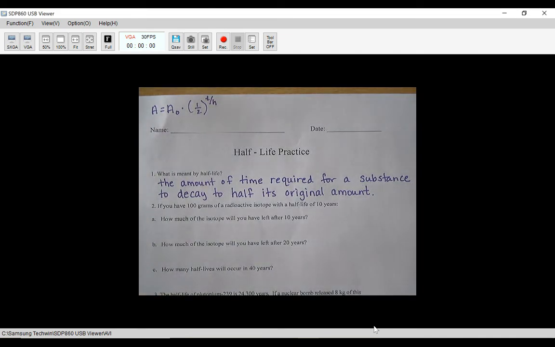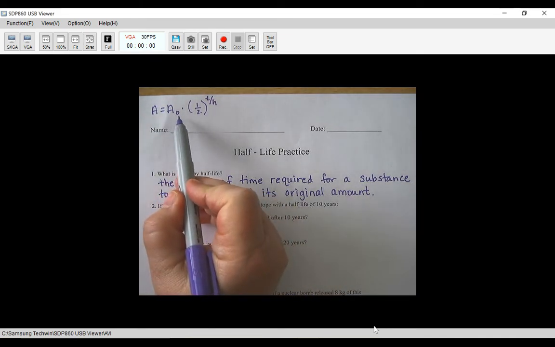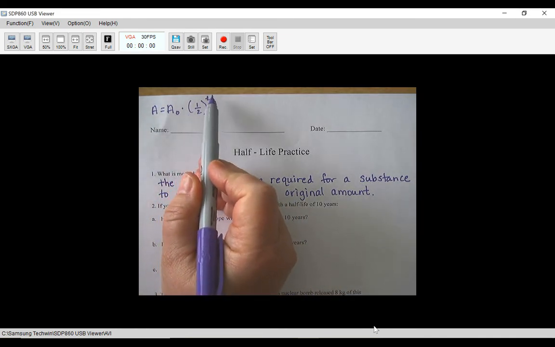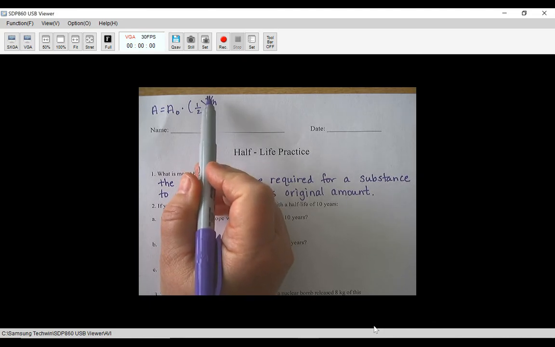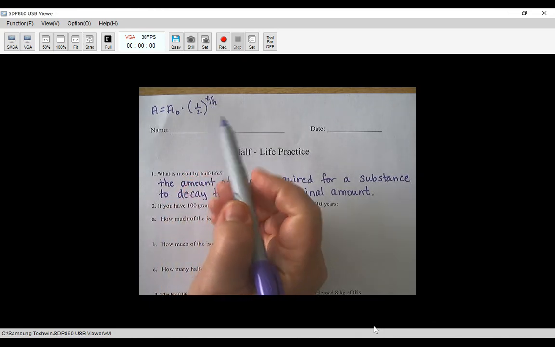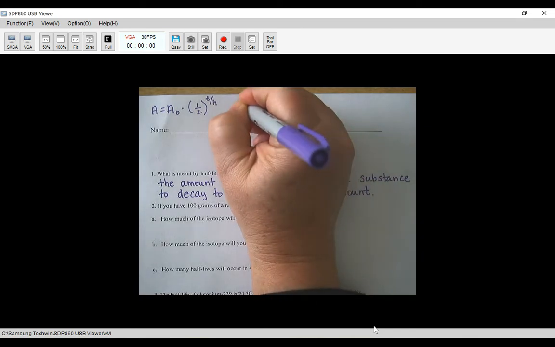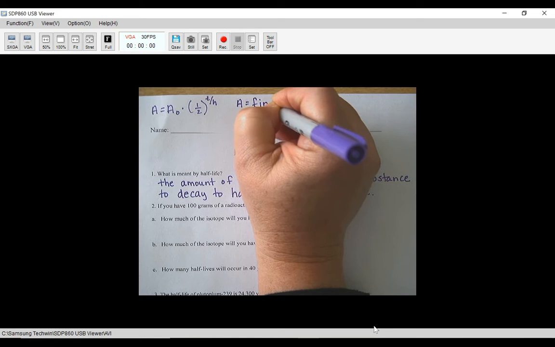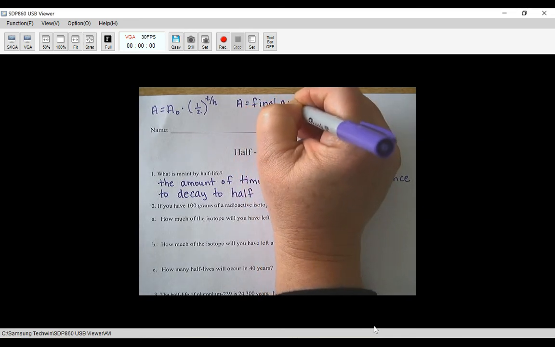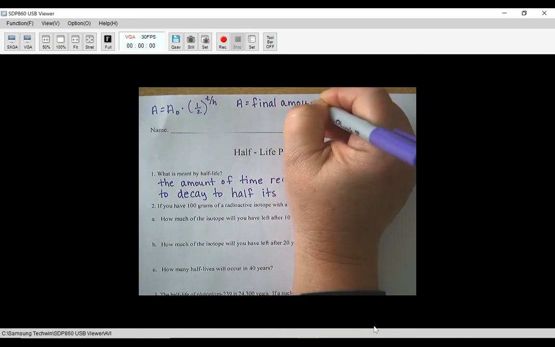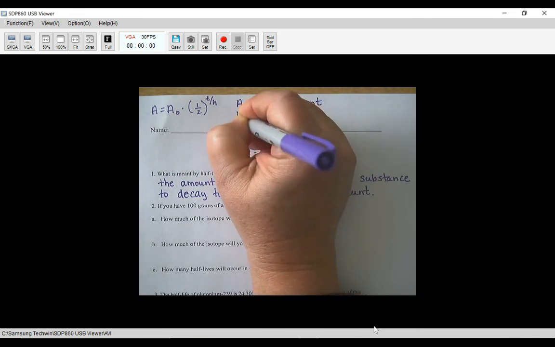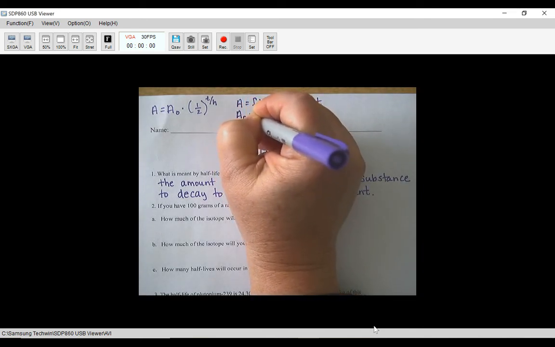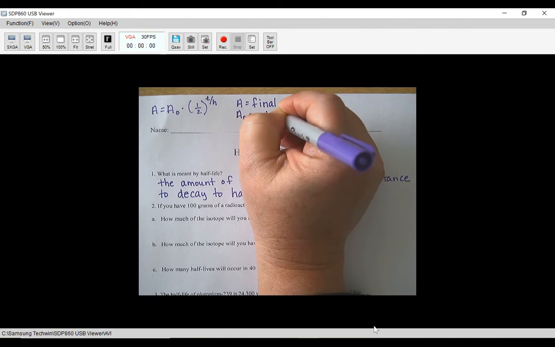All right, so it's A equals A sub 0 times 1/2 to the power of, and your exponent is a fraction, t divided by h. So A, what you're finding, is the final amount of your substance. And A sub 0 is your original amount.